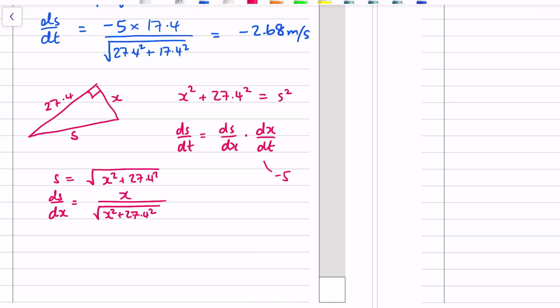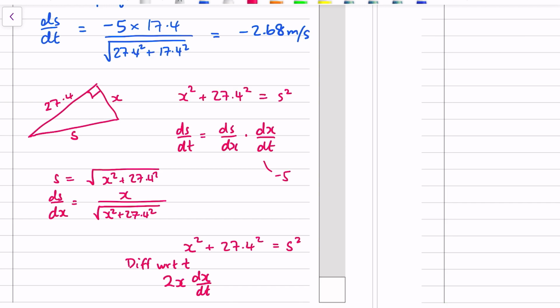Or we take the equation that connects these variables together, and we differentiate it implicitly with respect to time, because we know that x and s both depend on time. We just don't get to see the t's in the equation. If I differentiate this whole equation with respect to t, that first term will be 2x times dx dt.